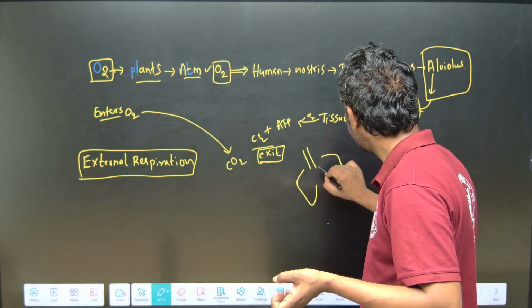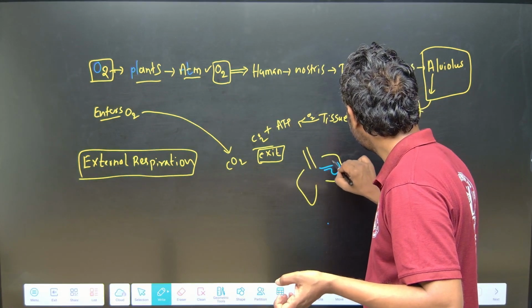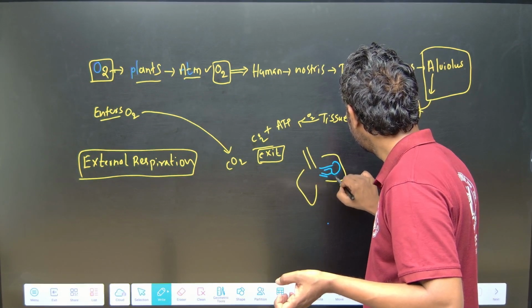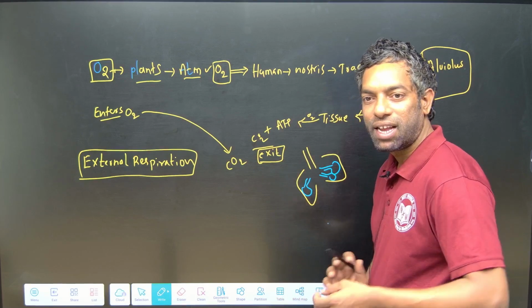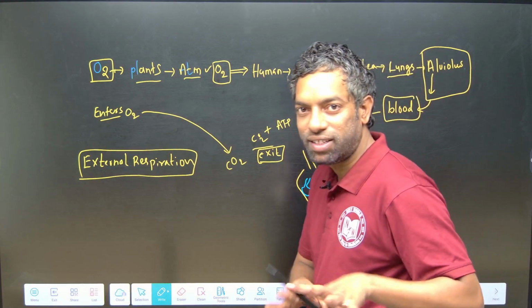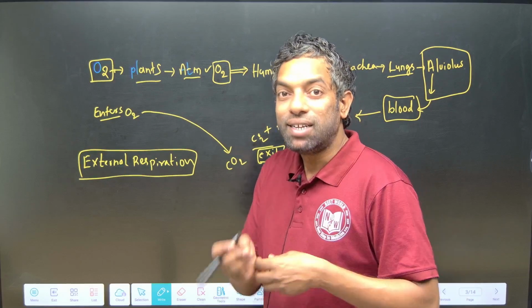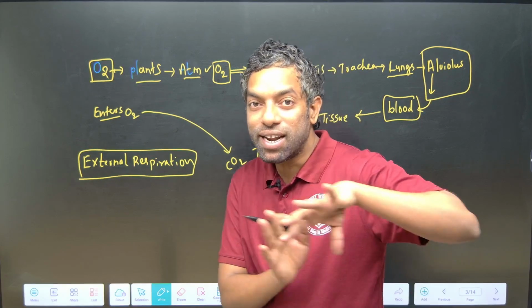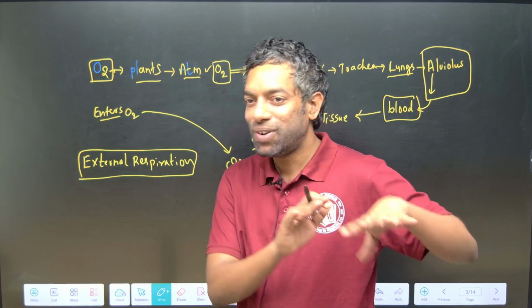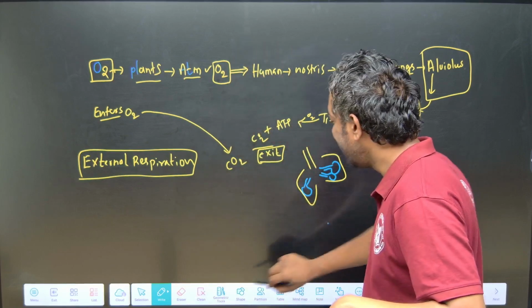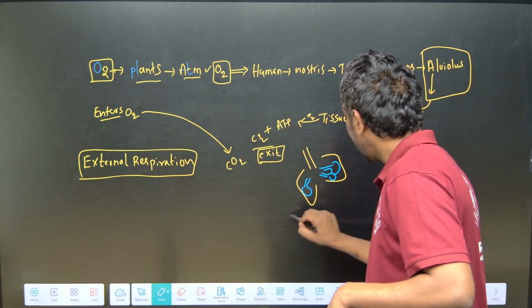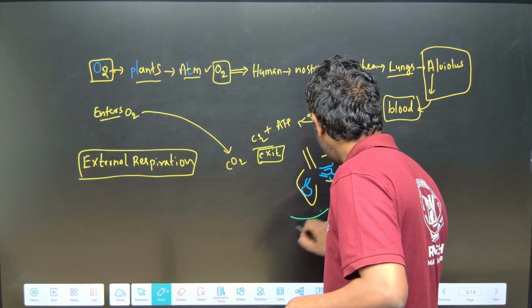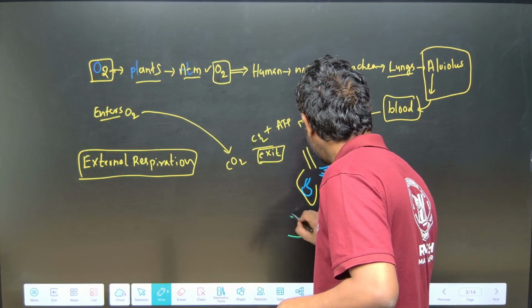The gas reaches the alveoli sac. The alveoli sac is gas filled, oxygen filled, and the oxygen can reach the blood. The oxygen enters into the blood from the alveolus.